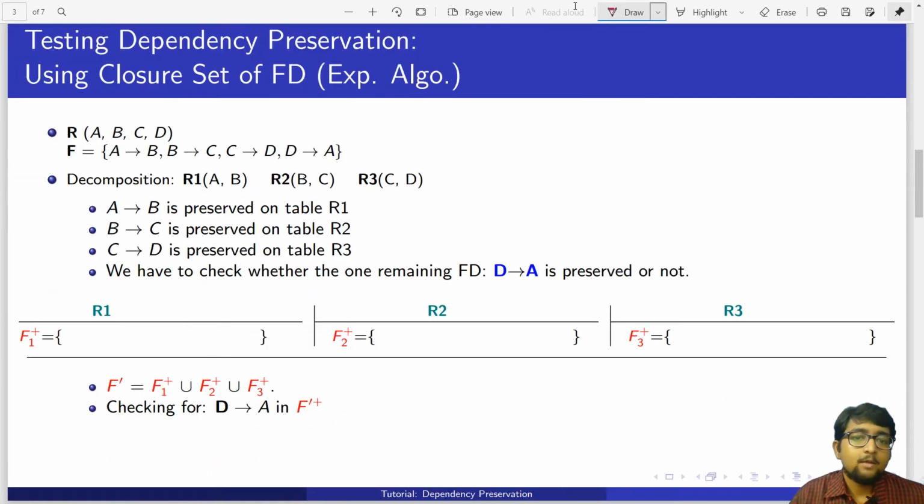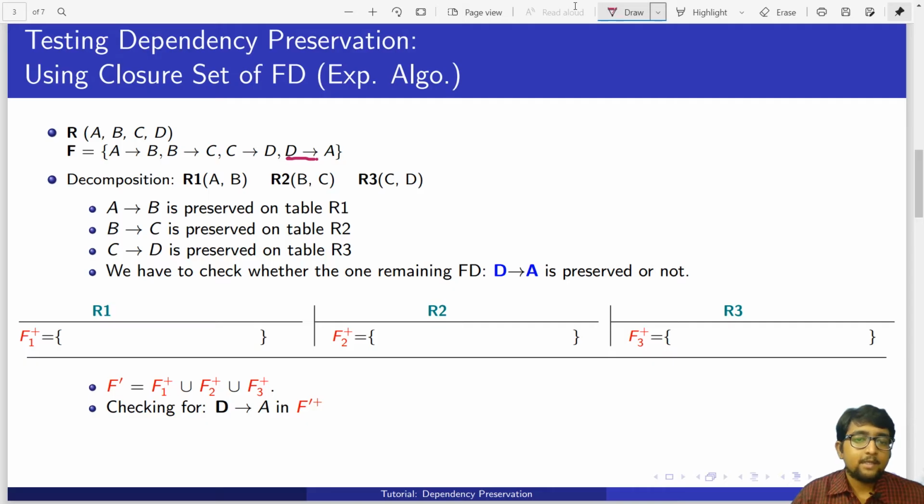See, this is just like the initial example, just this dependency is the new one: D goes to A. This was not in the previous example. Otherwise everything is the same, the decomposition is the same, only this extra functional dependency has been added.